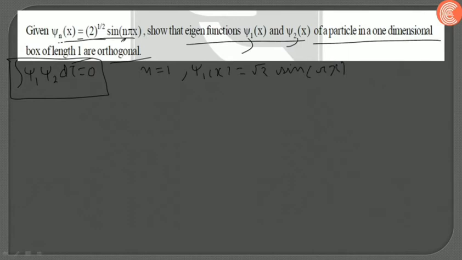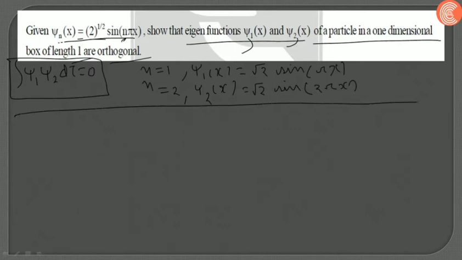If we put n equals 2, we get the second eigenfunction, root 2 sine n pi x, which becomes root 2 sine 2 pi x. These are the things given in the question.